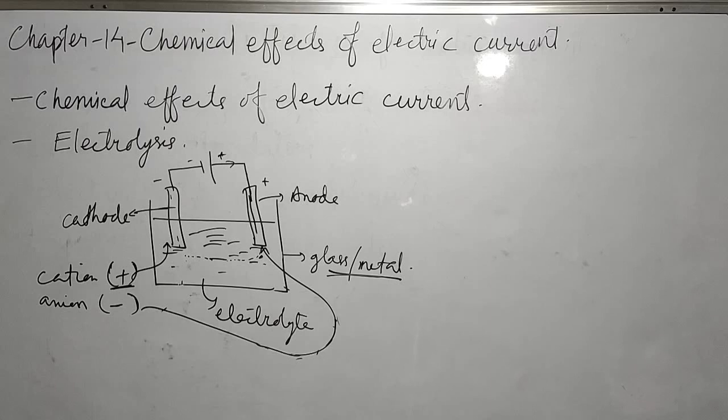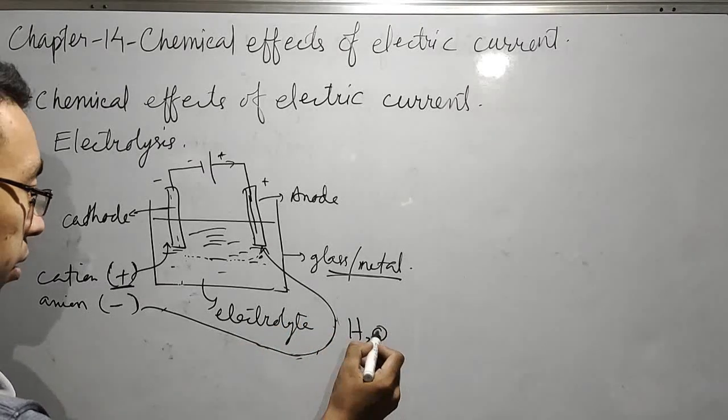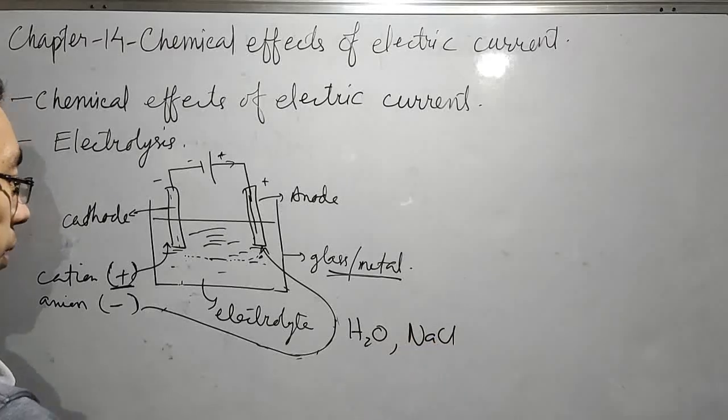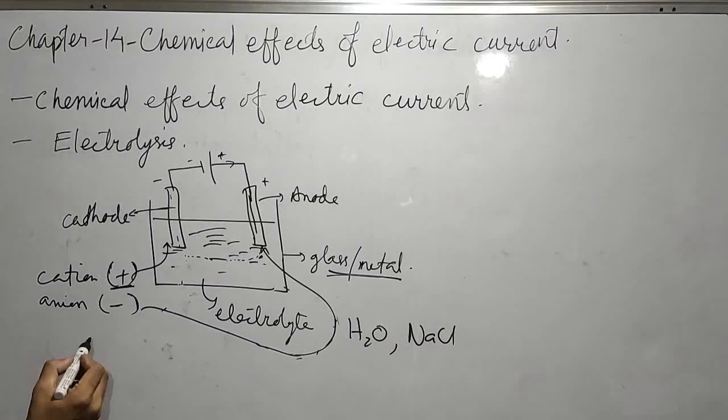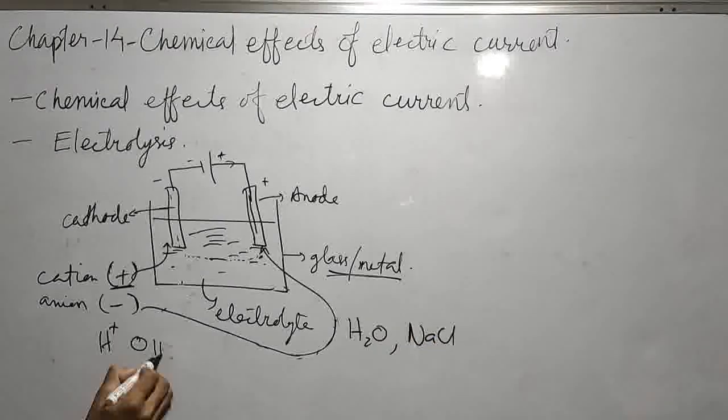Now let us take one example. Suppose the electrolyte contains water and sodium chloride. The water will dissociate into H plus and OH minus, hydrogen ion and hydroxide ion. NaCl will dissociate into sodium ion and chloride ion.